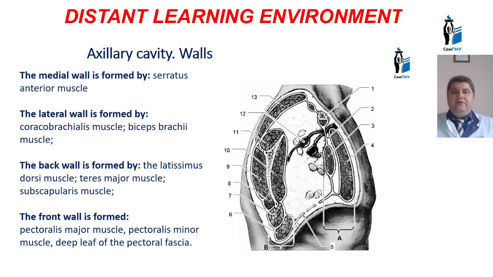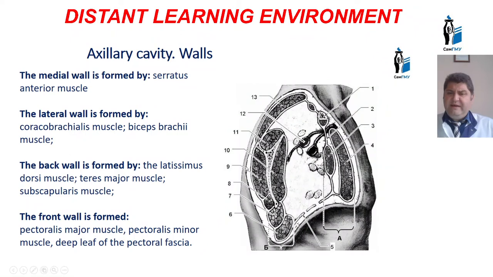And now we can see the borders of the axillary cavity, and you may see that the medial wall is formed by the serratus anterior muscle, the lateral wall is formed by the brachial muscle, the biceps brachii muscle. The back wall is formed by the latissimus dorsi muscle here, and also the teres major and subscapularis muscle.